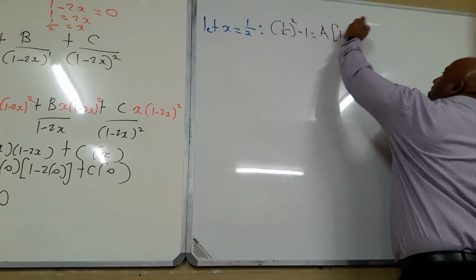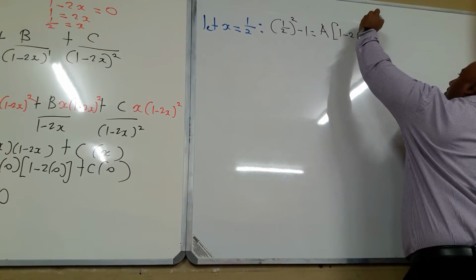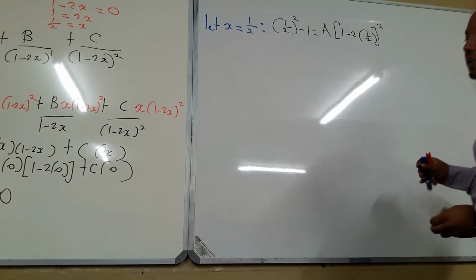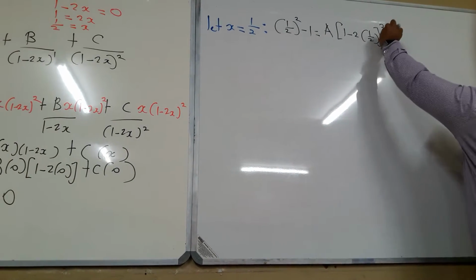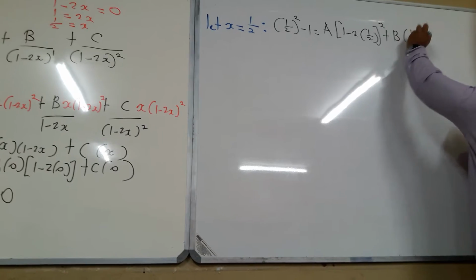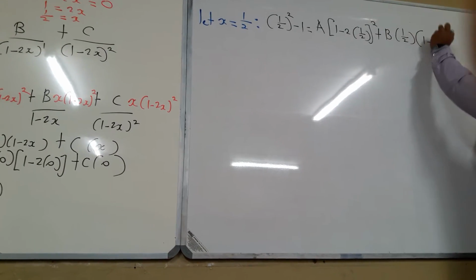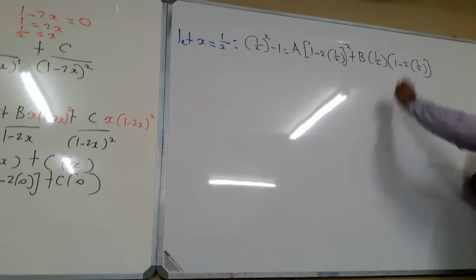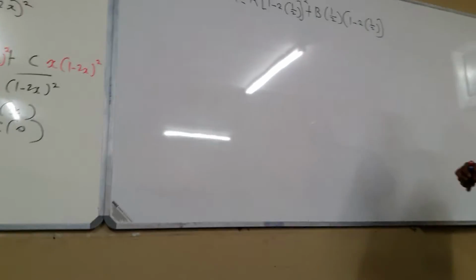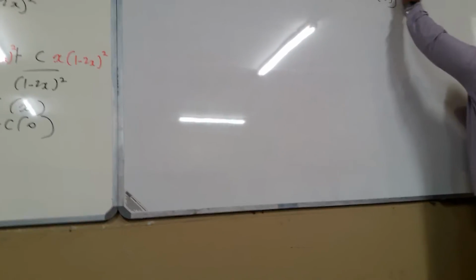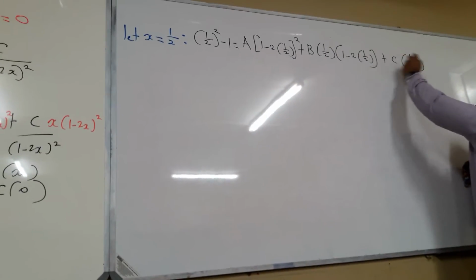This will be a times 1 minus 2 times 1 over 2 all squared, plus b times 1 over 2, and then you've got 1 minus 2 times 1 over 2 here, and then the last term is plus c times 1 over 2.